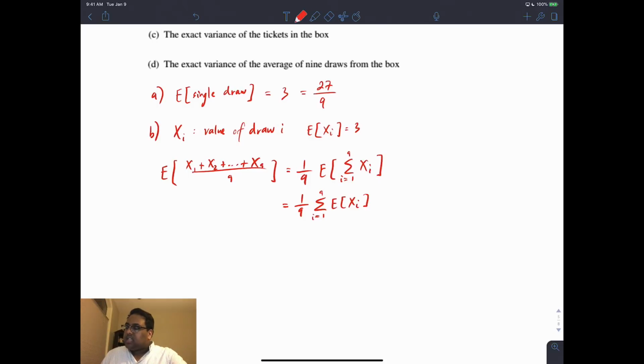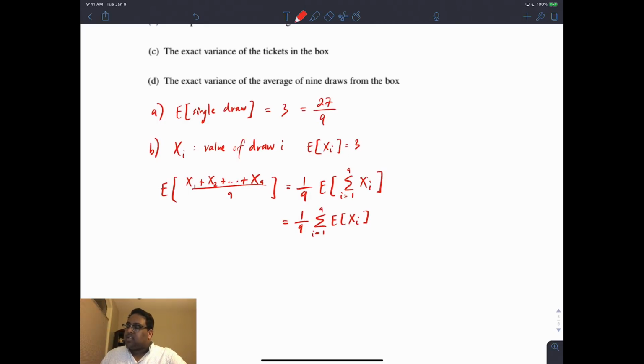And since each draw has the same expectation of 3, each of these 9 values, right, the expectation of x1, expectation of x2, so on and so forth, all the way until the expectation of x9, they all have the same value of 3. So you can say this is 1/9 times 9 times the expectation of any arbitrary one, since they all have the same expectation. Usually by convention we say expectation of x1, which is just 3.